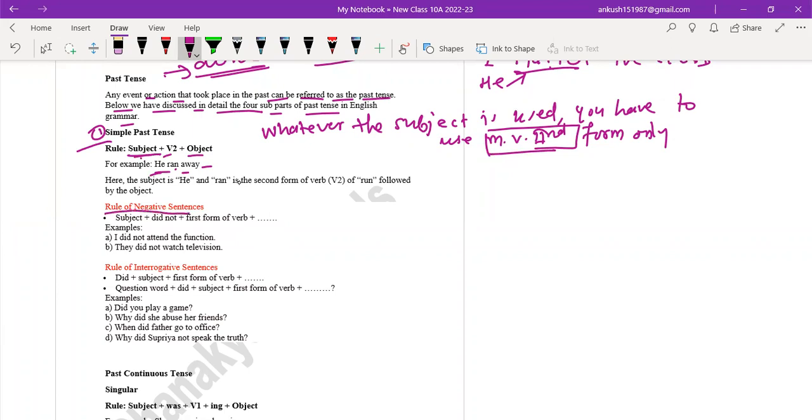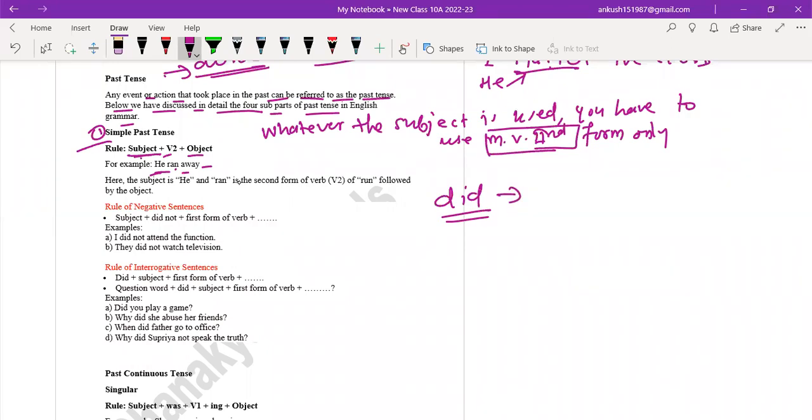How can we make its negative sentence? See, it is something that we have to learn very clearly over here. Whenever you want to transform the affirmative sentence of simple past tense into negative simple past tense, you have to use did as a helping verb there. Now, one more thing.